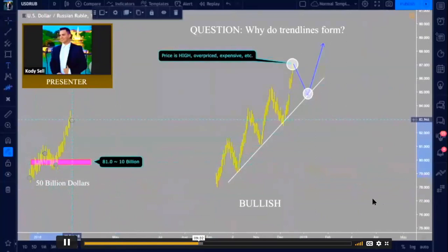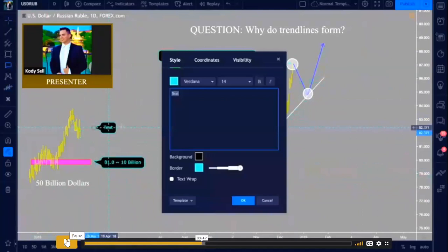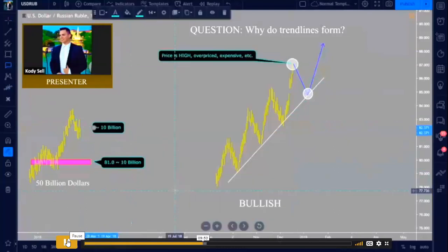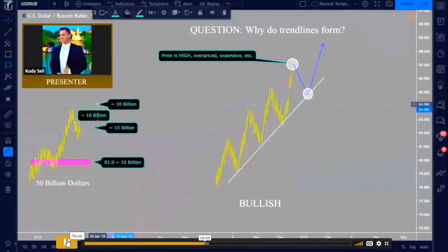And now when price is all the way up here, they're not going to place another order. What they need to see is price pull back so that they can place another order for, let's say, another $10 billion. They want to get rid of another $10 billion, but they need a discount to do so.